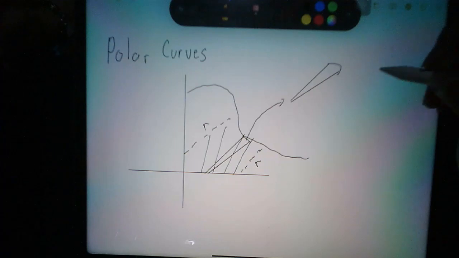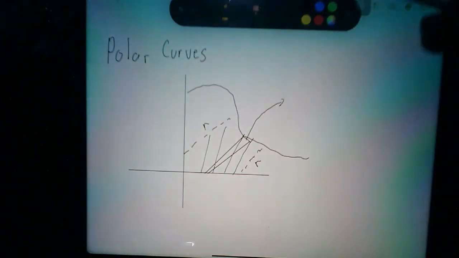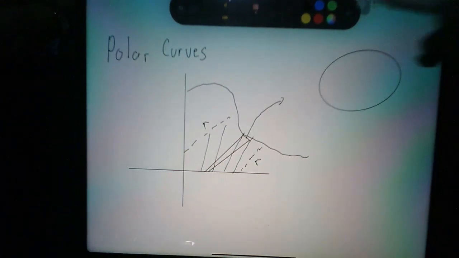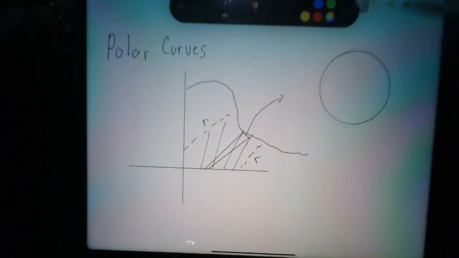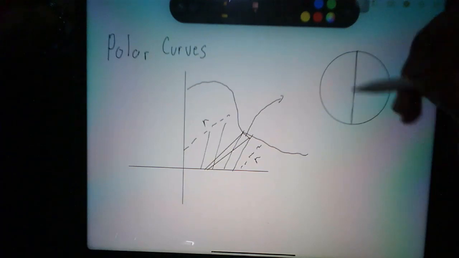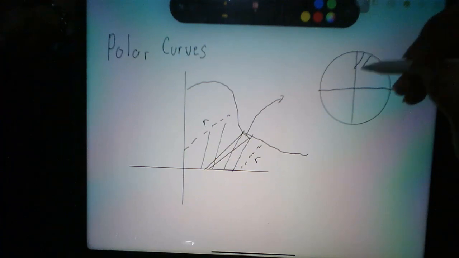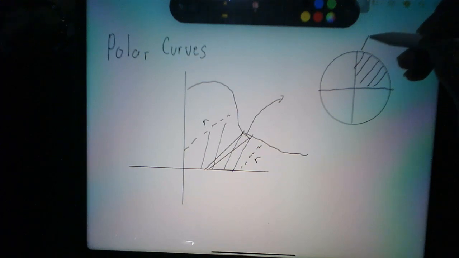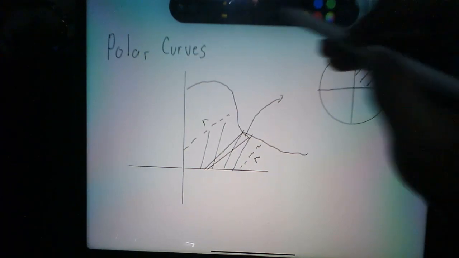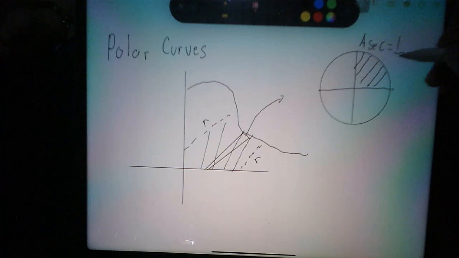So this looks like a sector of a circle. So first we draw a circle in order for you to understand. This is our circle. No, this is an oblong. So this is our circle here. When divided into different parts, this area is called the area of the sector of the circle. So the area of the sector is equal to 1/2 r squared theta.